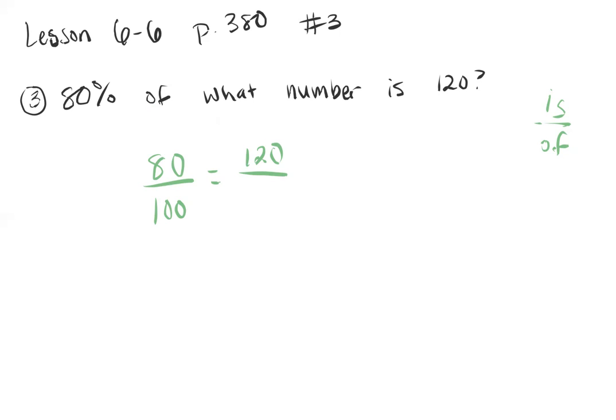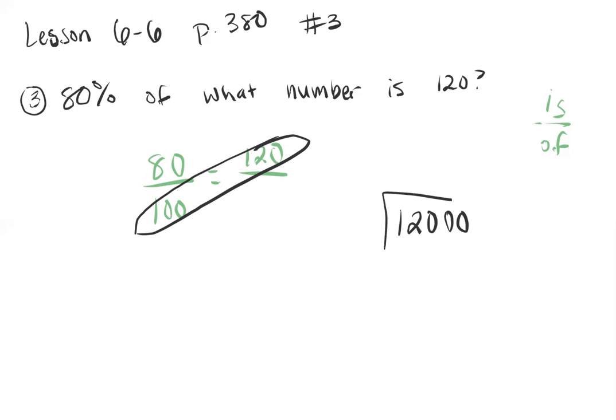Again, I can't easily multiply 80 by something and get 120. So multiply on my diagonal, 120 times 100 is going to get me 12,000, adding 2 zeros at the end, and we're dividing by 80. 80 can't go into 1 or 12, but it can go into 120 one time. 1 times 80 is 80, which leaves me with a remainder of 40.